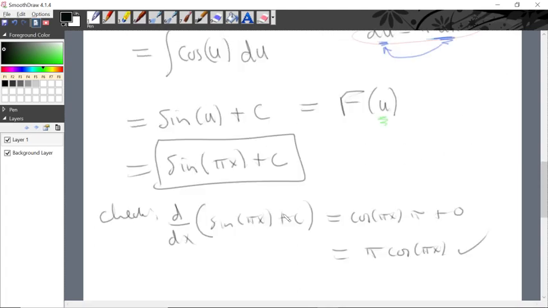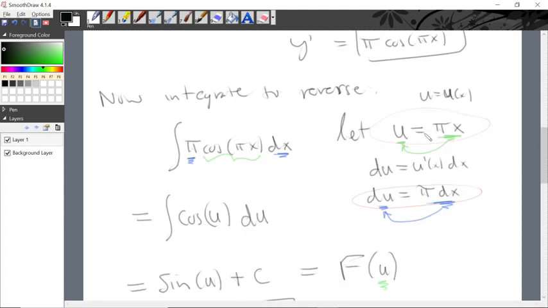Okay, so that's how we know that we got the answer correct, back in terms of the original variable. We performed a substitution which had a consequence of a new differential quantity coming along. And we had to replace both the instances of x in the integrand and the differential itself. Every instance of x within the integrand and the differential needs to be replaced somehow by the use of the substitution we choose.